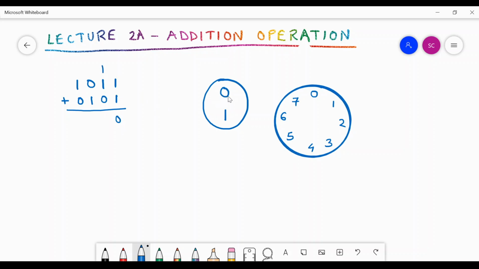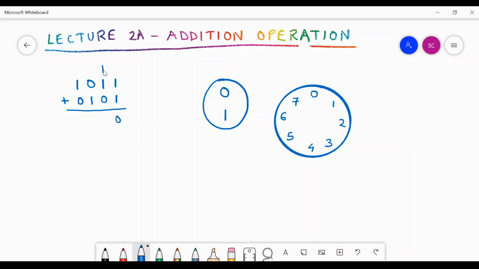However, going by this same clock logic, you start from 1, you go one step, so you reach 0, but since you have reached 0, you have to add a carry here. Okay, so that is why this 0 is coming here and the 1 goes as the carry.